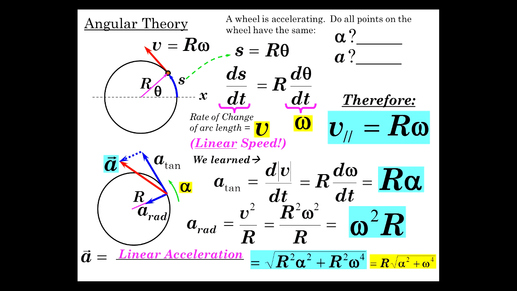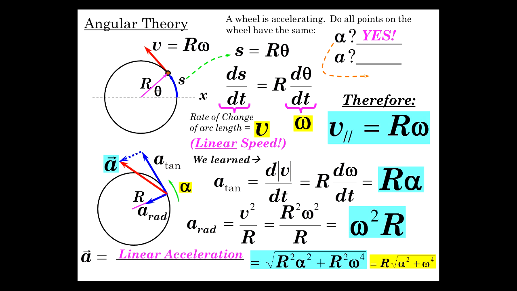It's that big animal there. R factors out, and we see that we have an expression for the total acceleration of an object accelerating in a circle, both components of which are related to the radius r.